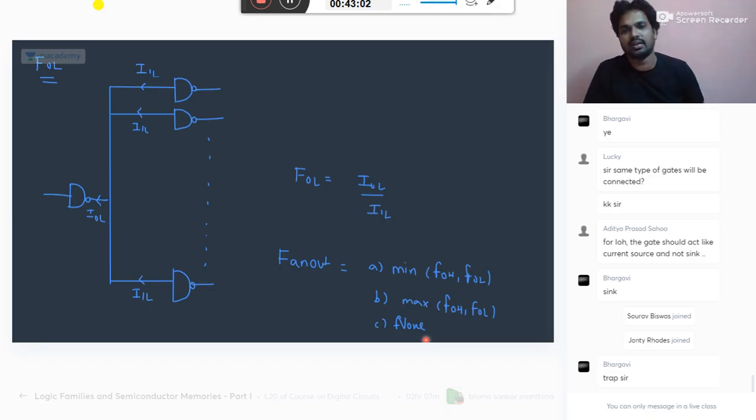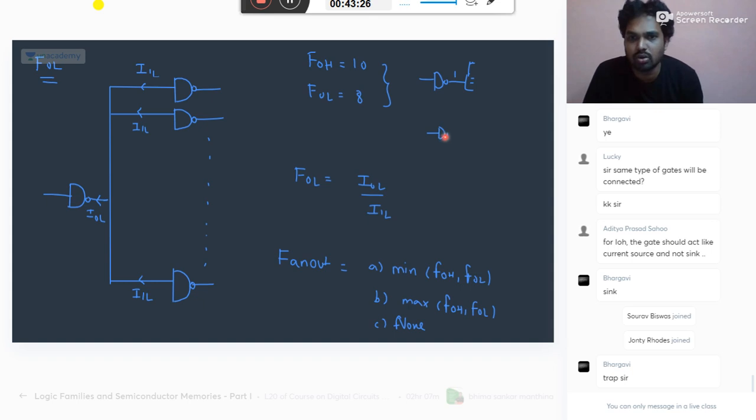Listen here carefully. I will tell you the example. FOH is 10, FOL is 8. I ask you how many gates I can connect to this particular gate output. When the output is 1, you can connect 10.